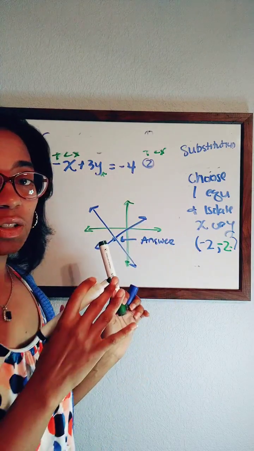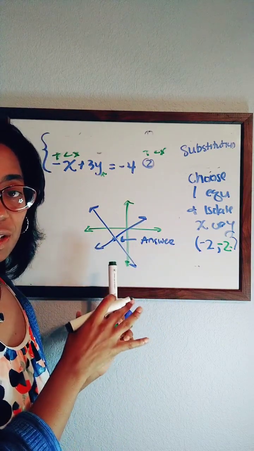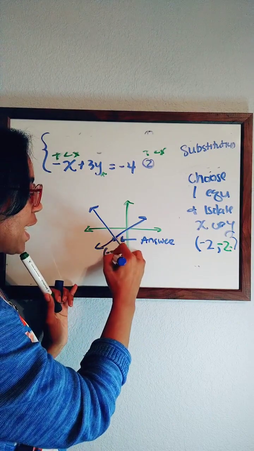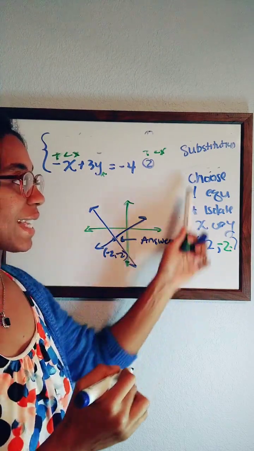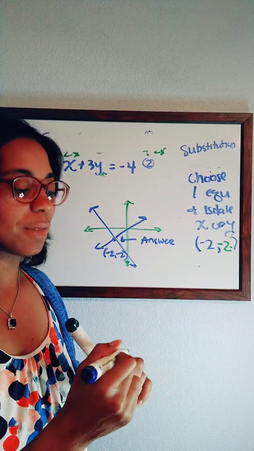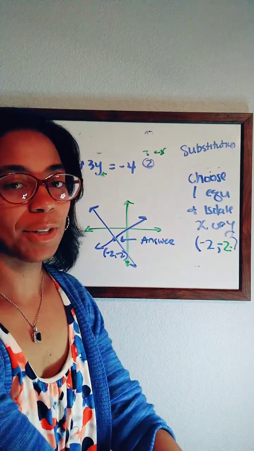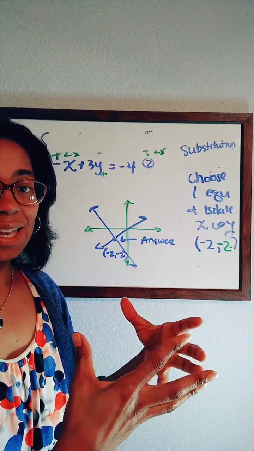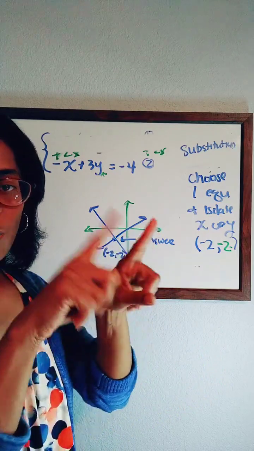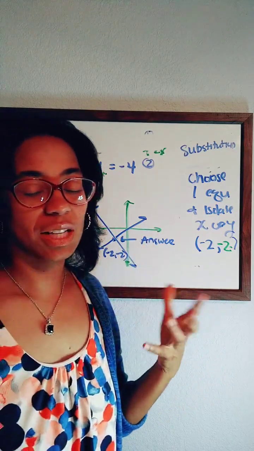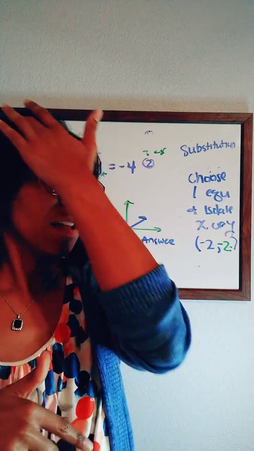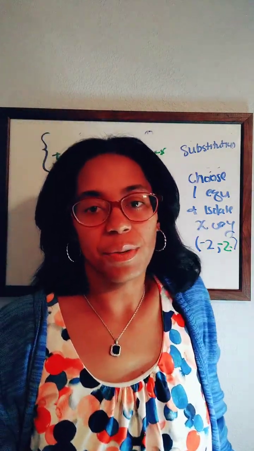If I was solving this by graphing, this point would be -2, -2. Instead, I chose to use the substitution method. You would have to graph both lines and find where they intersect. If they don't intersect, they're parallel and have no solution.